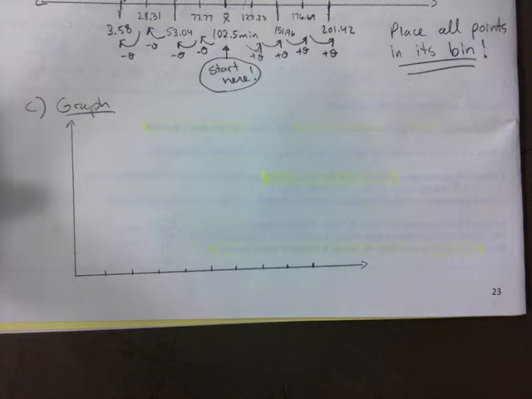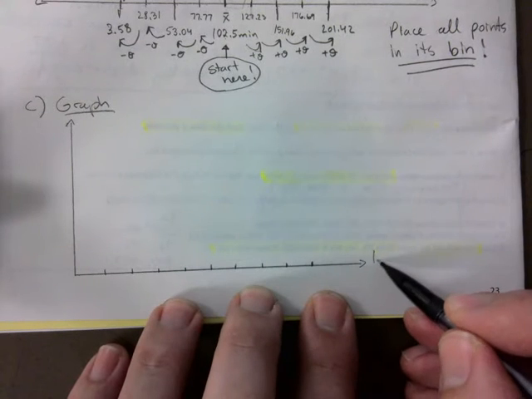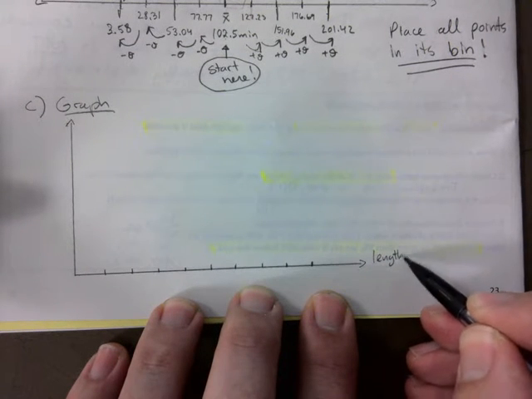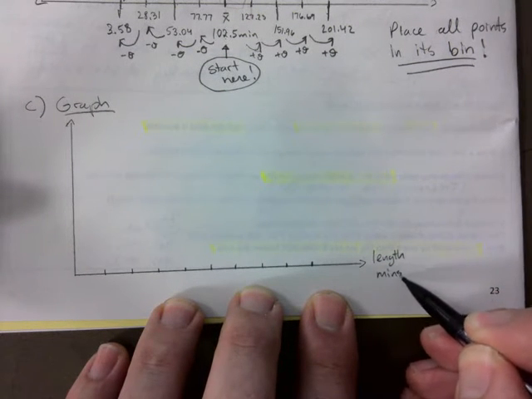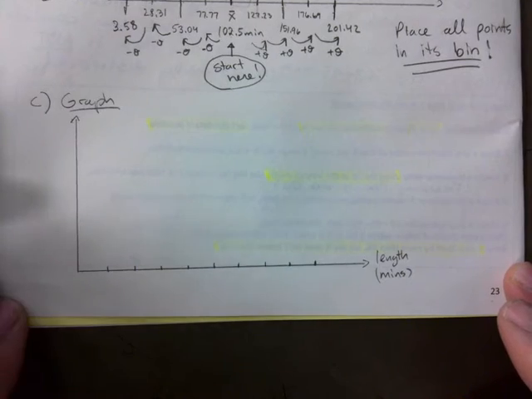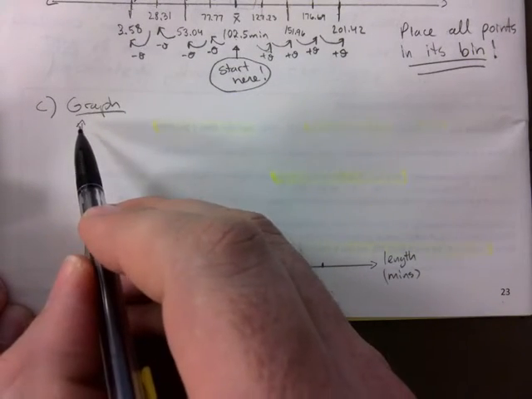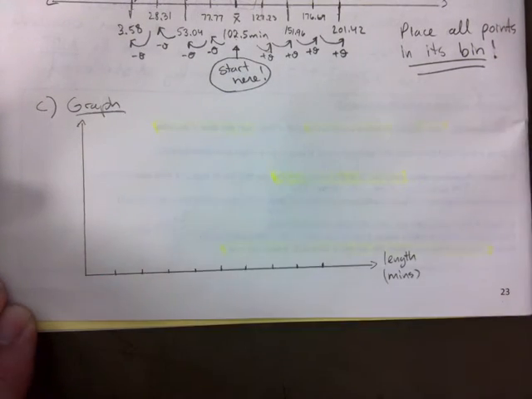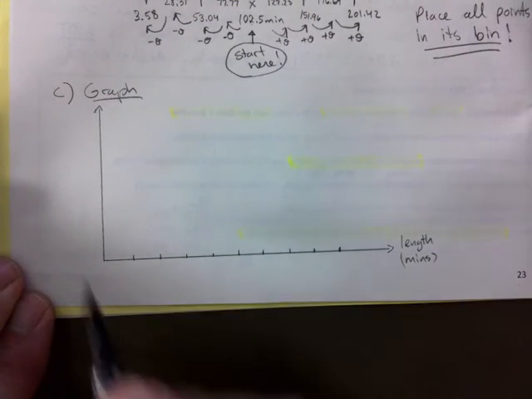What are these numbers that we've collected? Movie lengths, right? Okay, length in minutes. Okay, just have something there. It doesn't have to be movie lengths, but right, like we're talking length in minutes. And what would go up the y-axis? Movies, right?